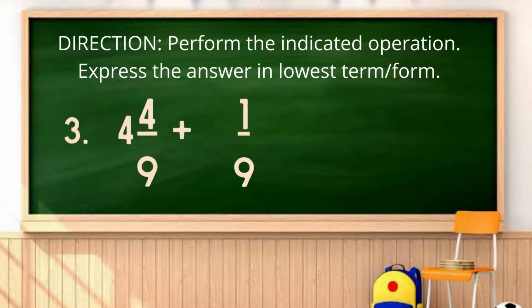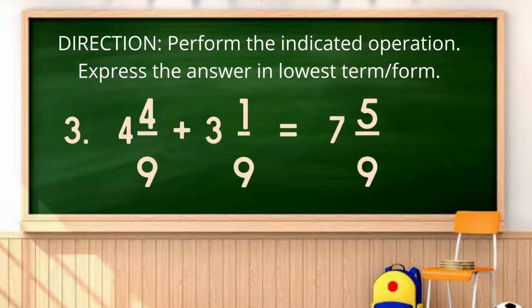For number 3, the given are 4 and 4/9 plus 3 and 1/9 is equal to. Your timer starts now. Time is over. What is your answer?